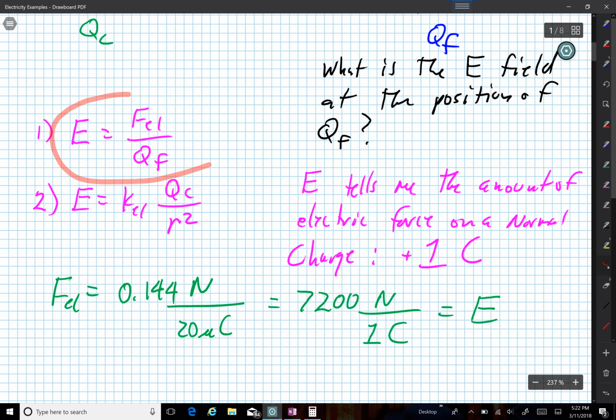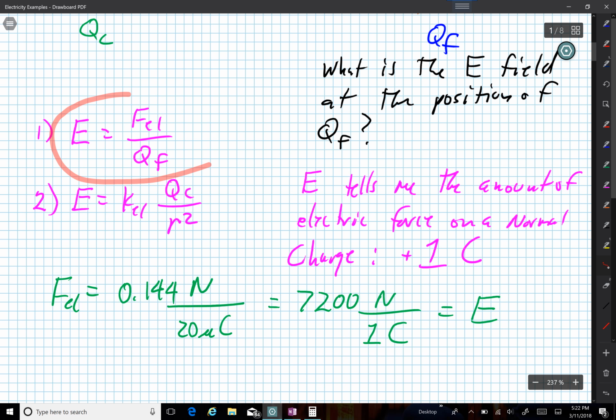All right, now, let me just make this clear, because somebody's going to write this down and it's going to cause you trouble. This is not a real equation that you want to memorize. Electric force does not equal newtons divided by coulombs. I did this for pedagogical reasons to show the relationship between electric field and electric force in a particular problem.